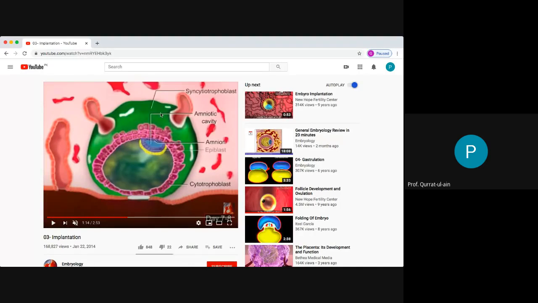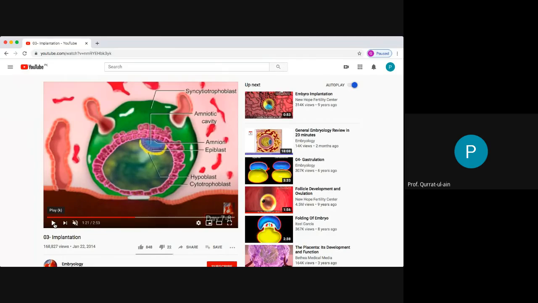The spaces are being created in the syncytial trophoblast by the movement of the fluid from the uterine gland. These small spaces are there. This is now the embryo, which is the future embryo, consisting of epiblast here, the hypoblast there, amniotic cavity just lined by the amnion. Epiblast and hypoblast, and cytotrophoblast and syncytial trophoblast.